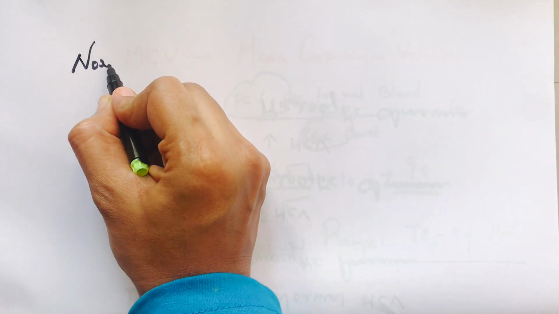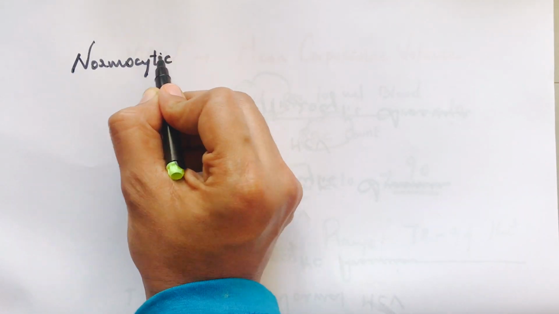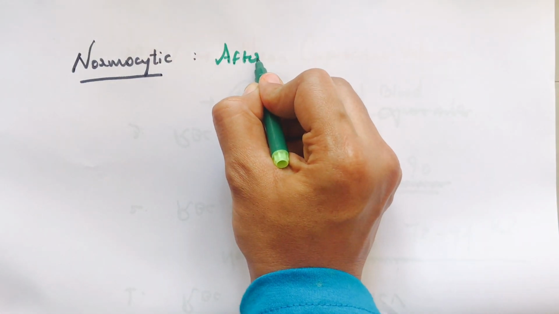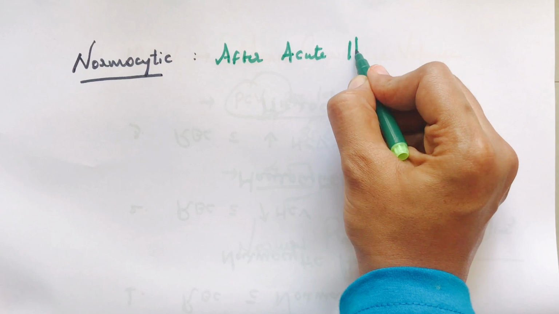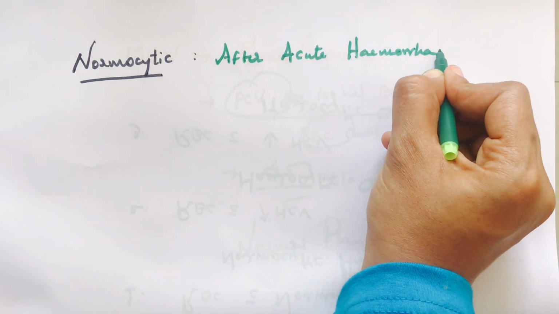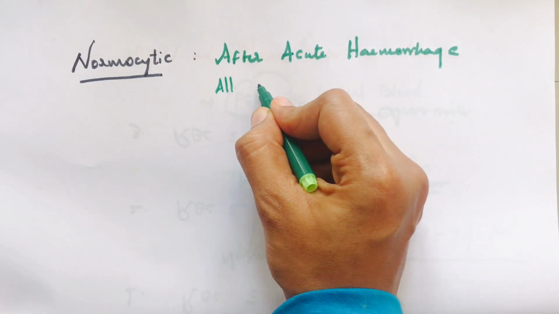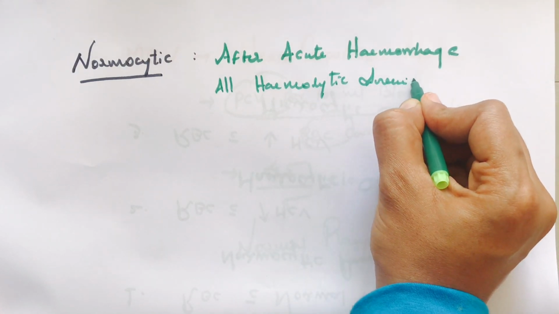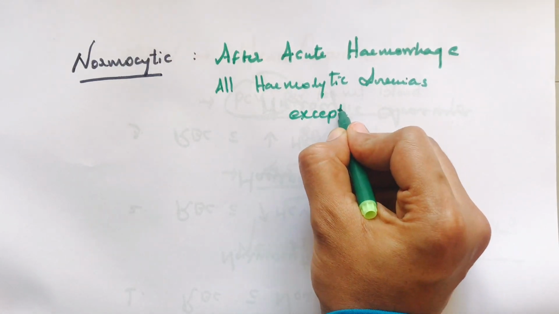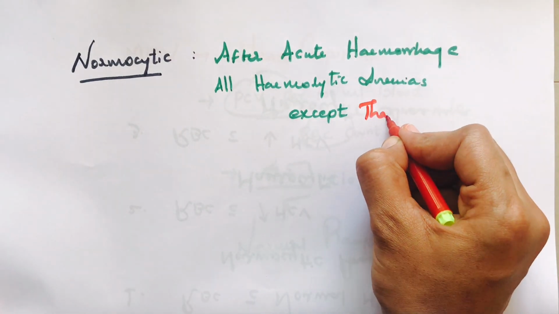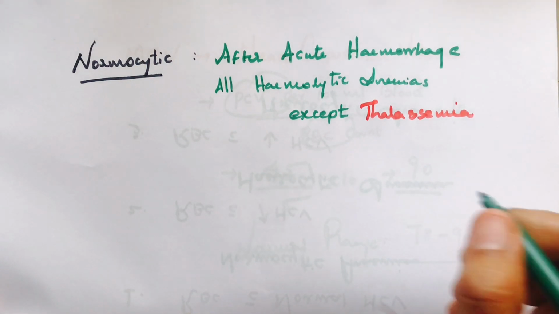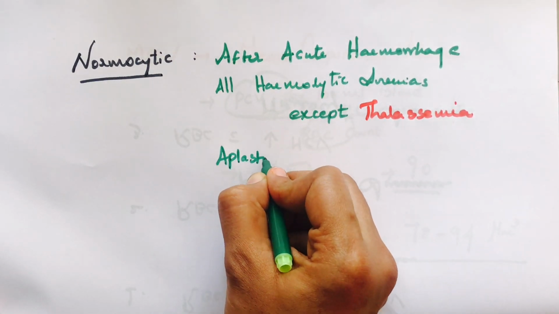So what are the conditions where there is normocytic anemia? After acute hemorrhage, all hemolytic anemias except thalassemia, and aplastic anemia.